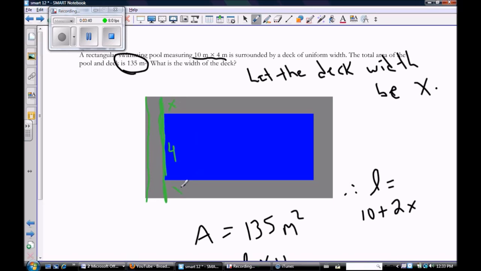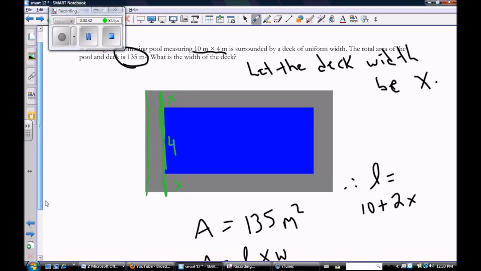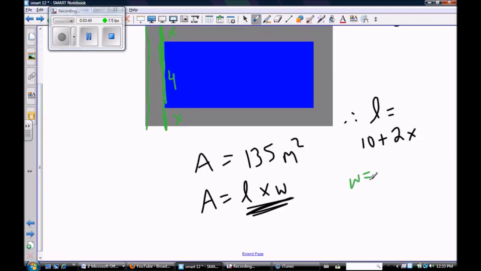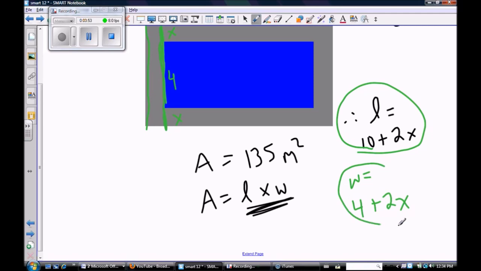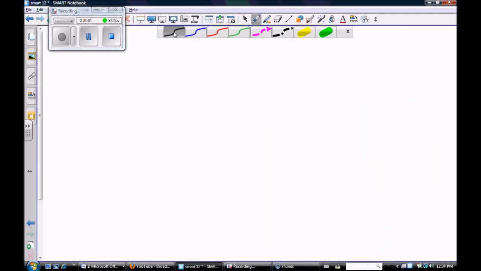And this piece is the width of the deck. So that means that the width is 4 plus 2x. So I have a representation of the length involving x, and a representation of the width also involving x. And we know that length times width is area. So let's go to the next page, and we'll write that neater and algebraically.